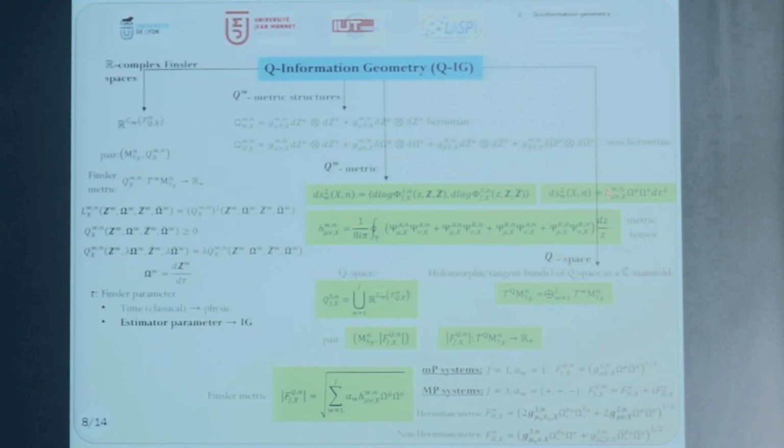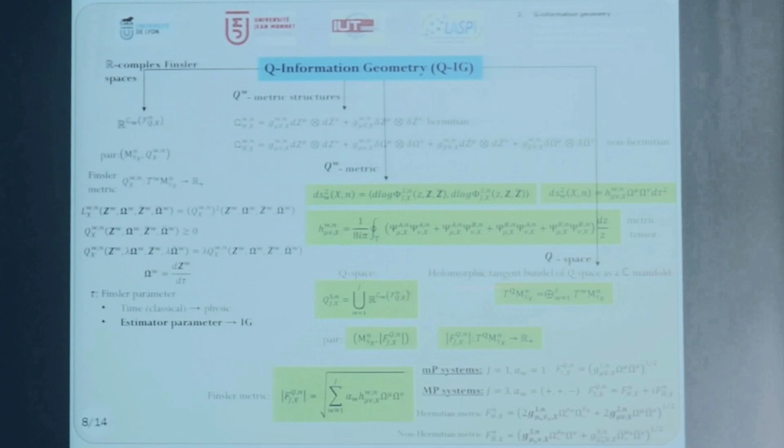When we have here the metric tensor and you have here the psi function, and you compute this term, we obtain three tensors, G1, G2, and G3. Okay, and the fourth part is to define the Q space.